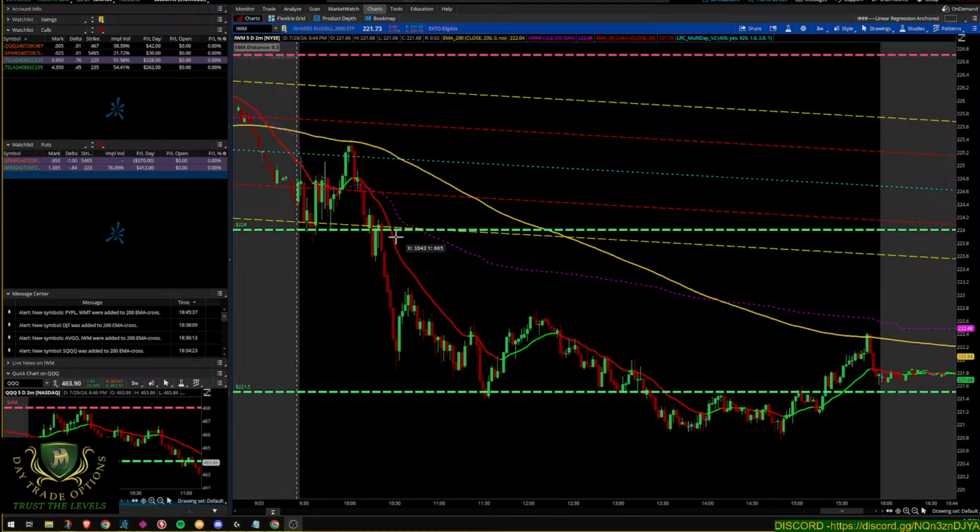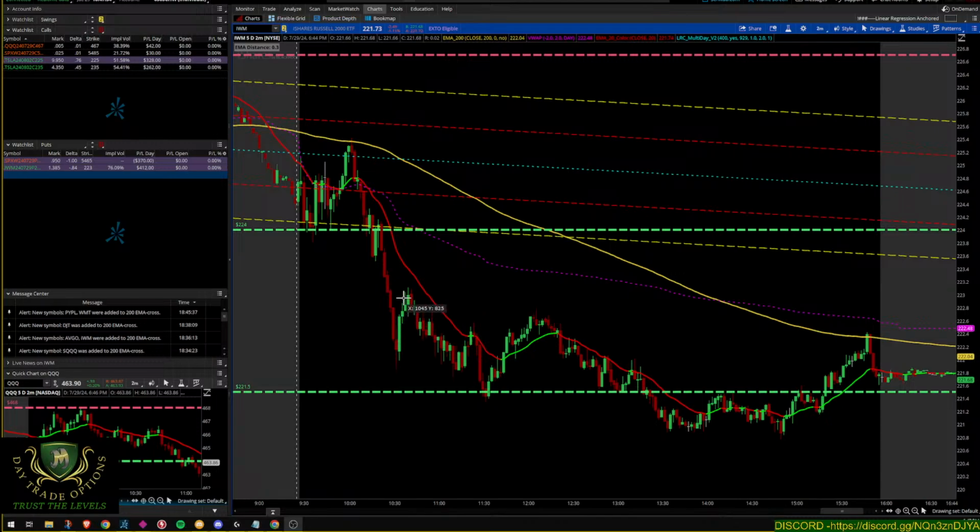And I think I ended up with 120, or no, 100, I think 130% trade. I ended up getting out right here. I went down. I scaled out on this candle here. At that point, I was over 100%.